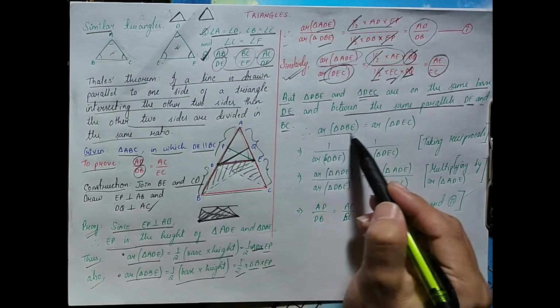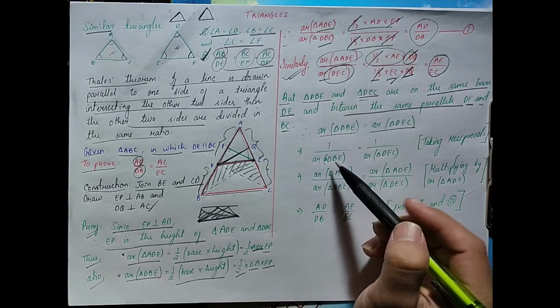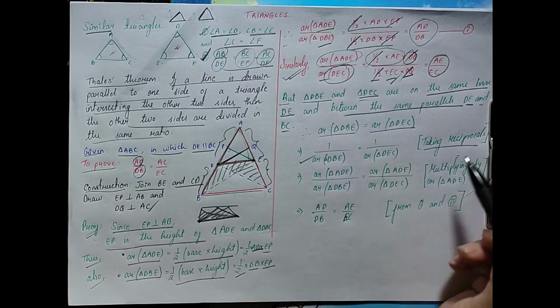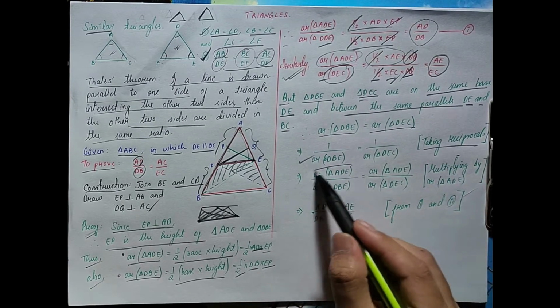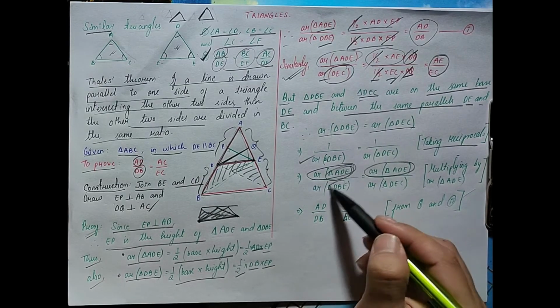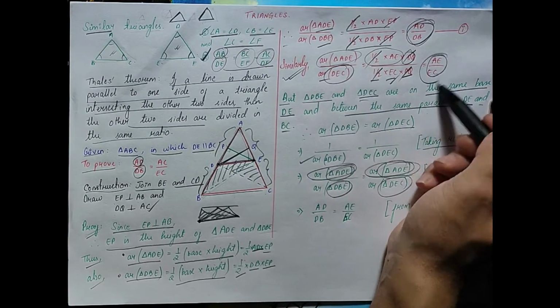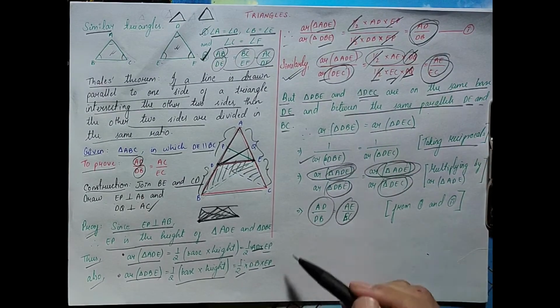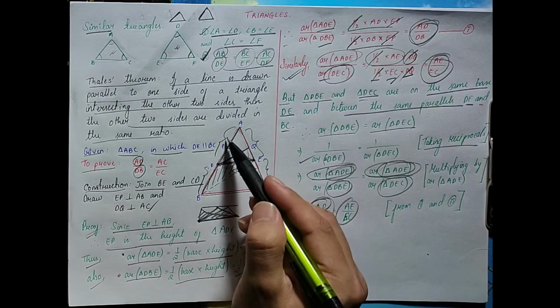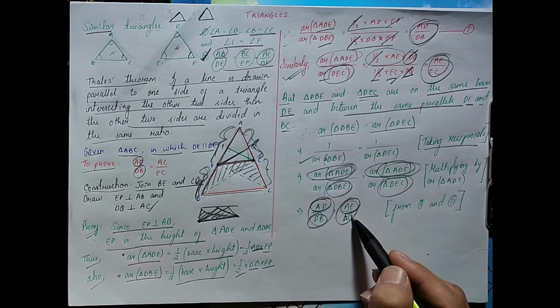Therefore, area of DBE is equal to area of DEC. Taking reciprocal, then multiplying by ADE on both sides, ADE by DBE is nothing but AD by DB, and ADE by DEC is nothing but AE by EC. So if you substitute, we get AD by DB is equal to AE by EC.